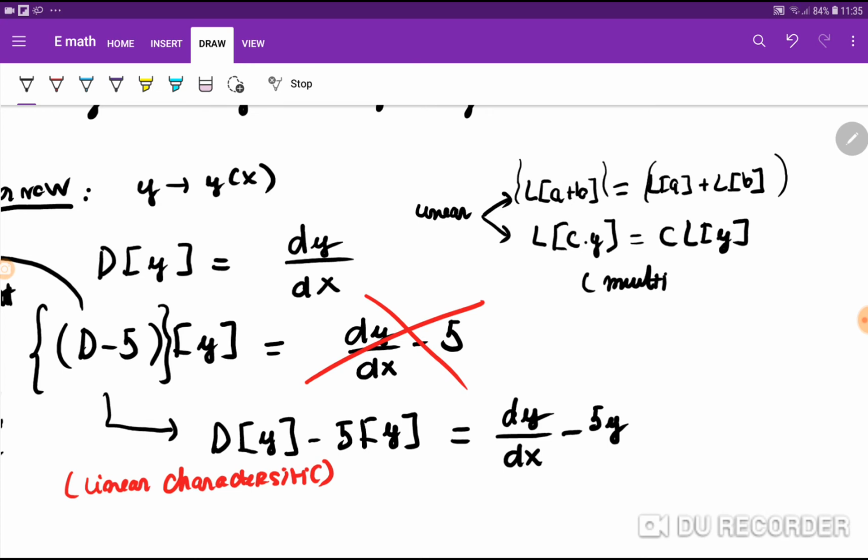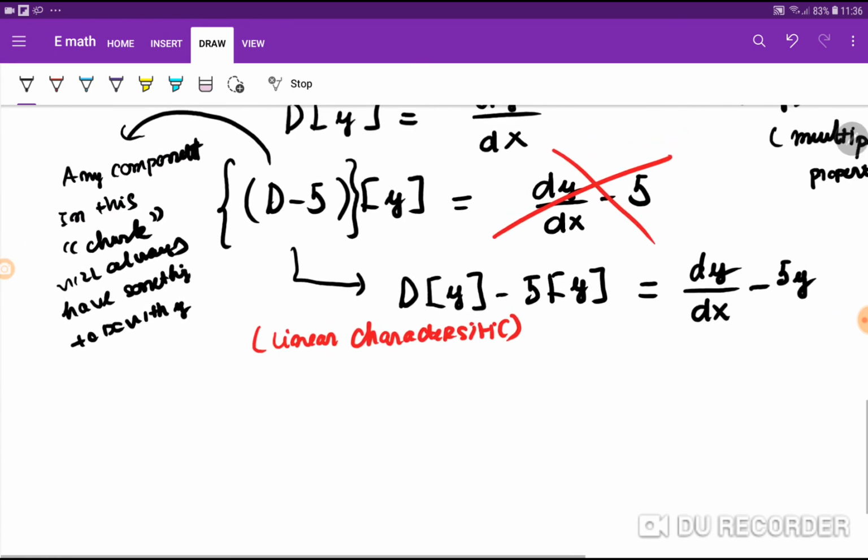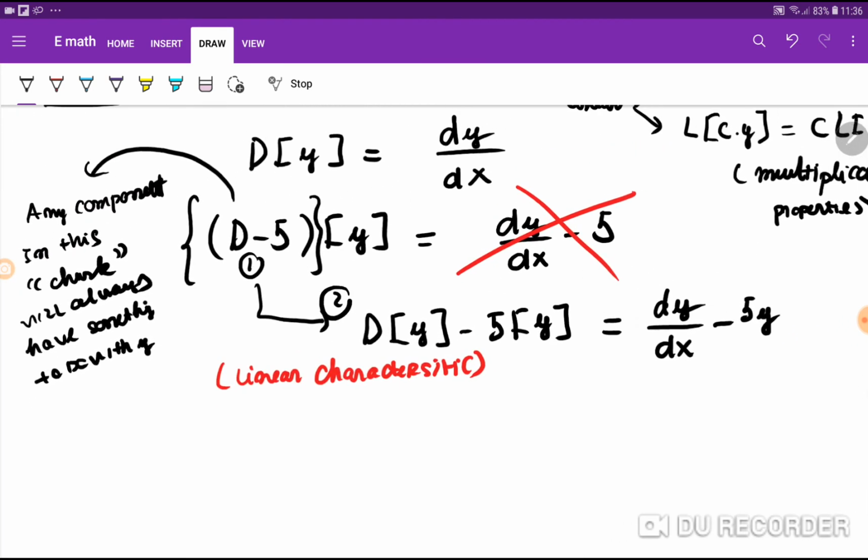Let me actually Google it for you all. Yes, this is called the multiplicative property, and this is called the additive property. That's why you can go from 1 here to 2.